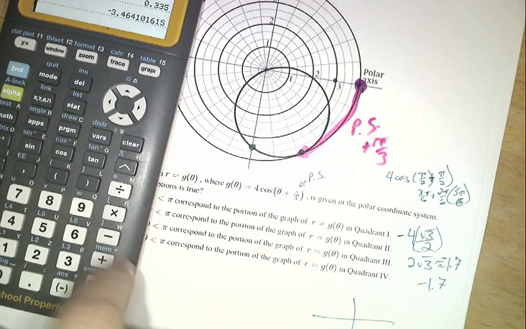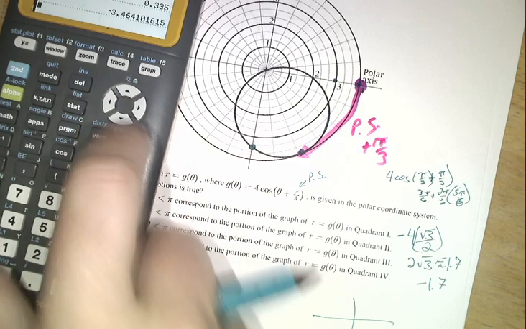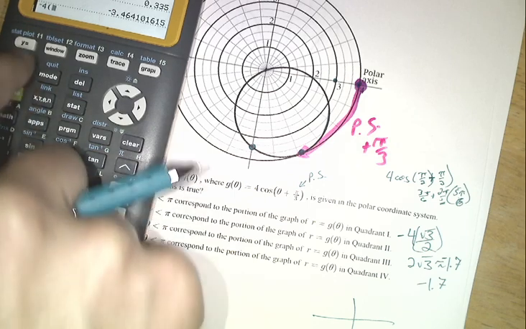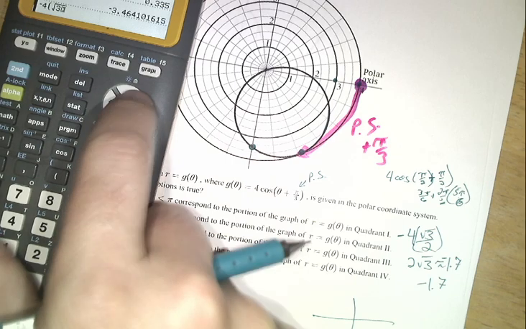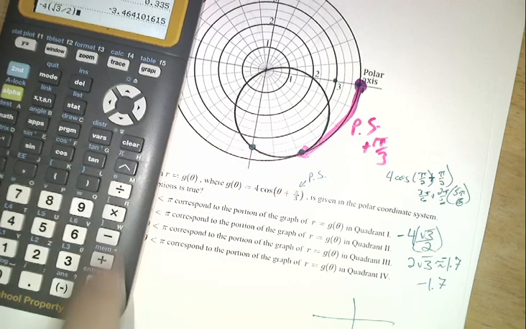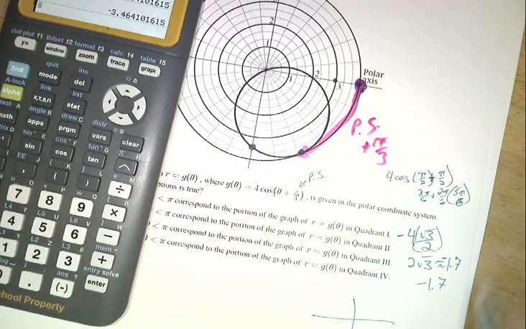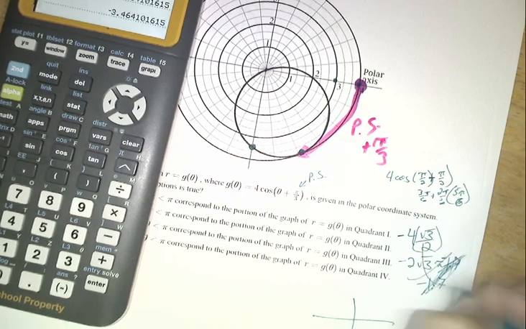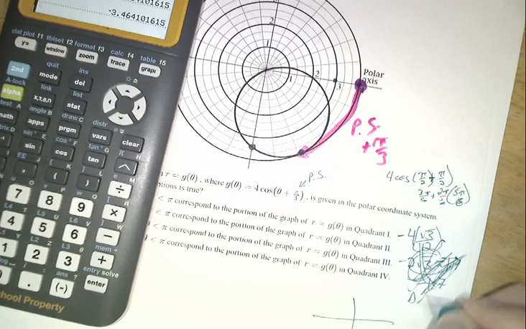Sorry, I'm getting sidetracked here. I need to figure out where I made a mistake so I can not make it in the future. Oh, I did some mental math here that was wrong. Negative 2 square roots of 3 is not 1.7. Square root of 3. Oh, I know what I did wrong. I halved it twice. Bad mental math.